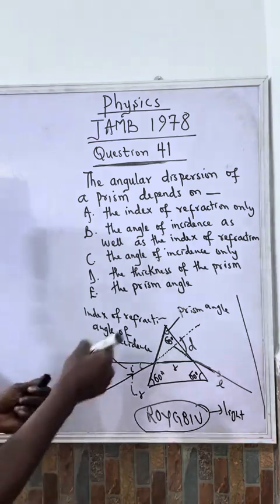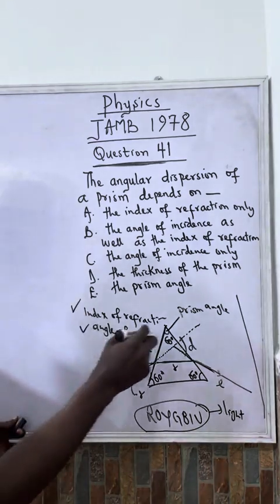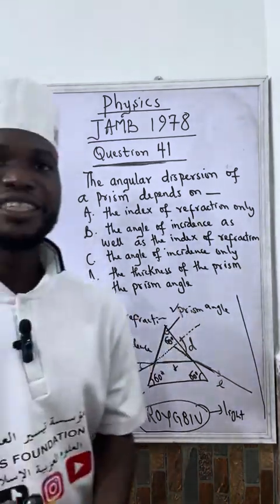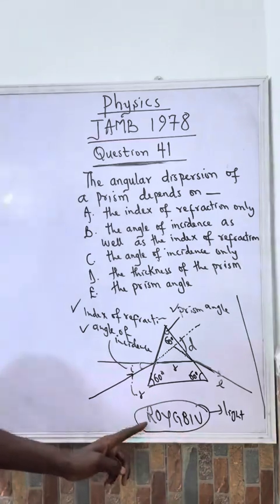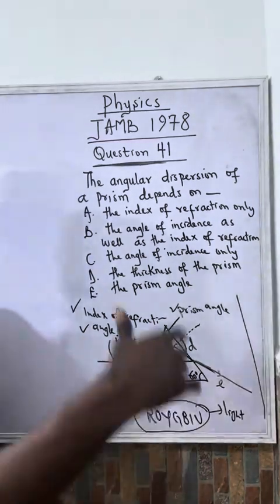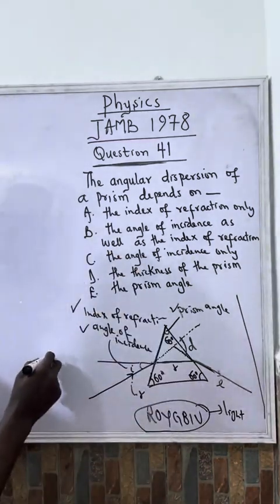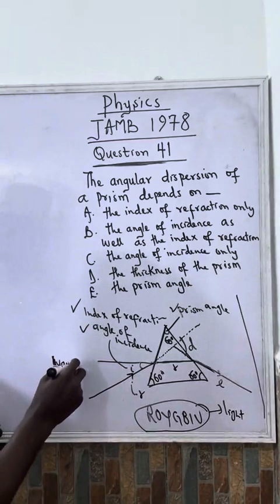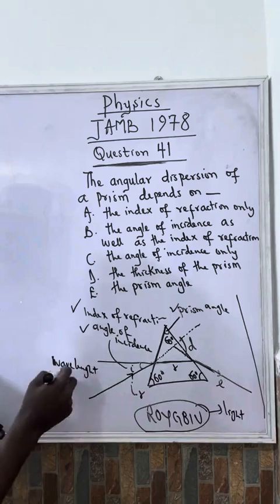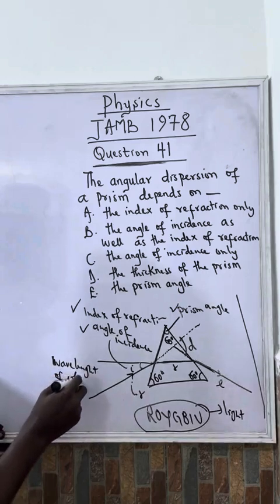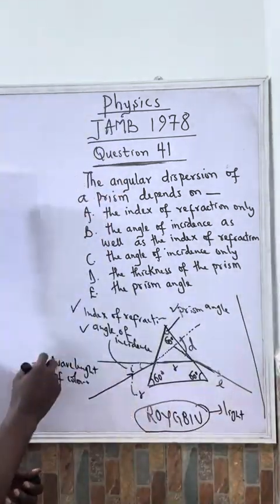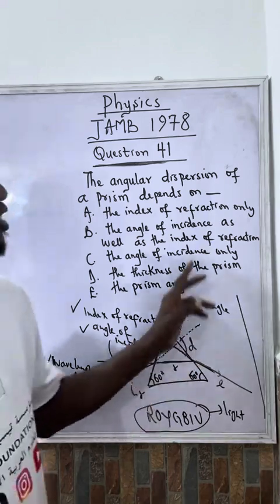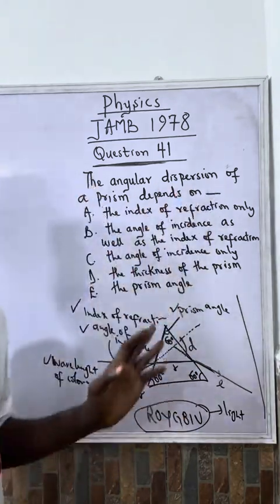So that's the third thing. Then the last one is the wavelength of the color. You can see that red has the highest wavelength. So these are the things that the angular dispersion depends on.